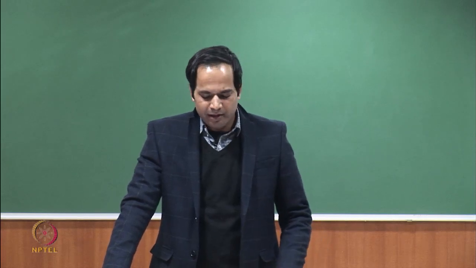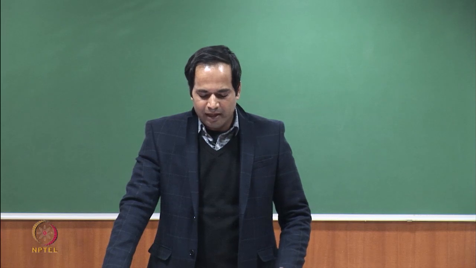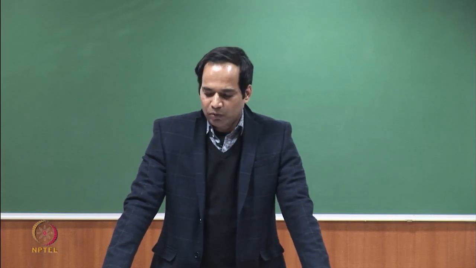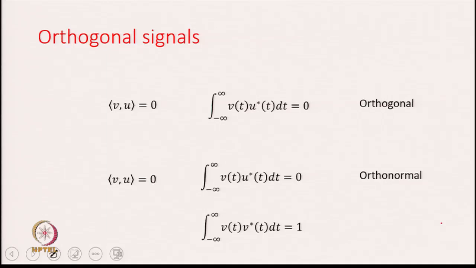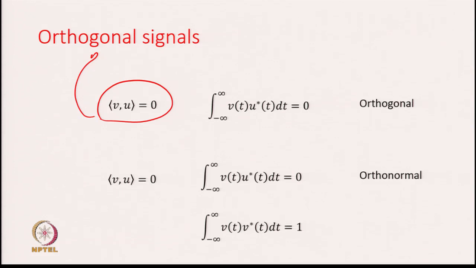Let us take this forward and define what are known as orthogonal signals. In the case of vectors, if the inner product of two vectors is 0, we say those vectors are orthogonal or perpendicular. In the case of signals, again if the inner product of two signals is 0, we call those signals orthogonal signals.